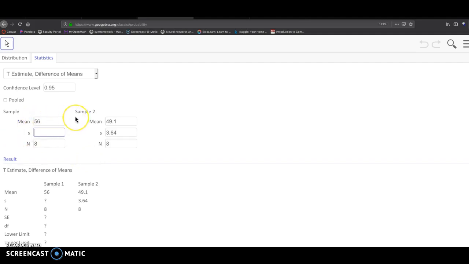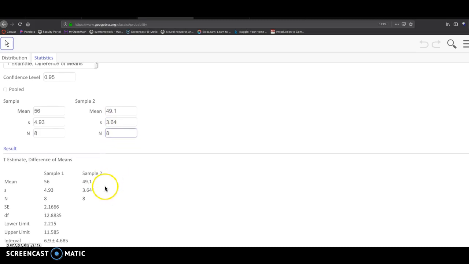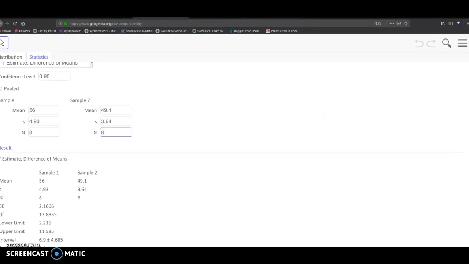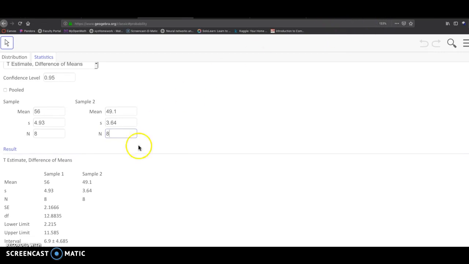Standard deviation, this is the cola group, 4.93. Sample size 8. For sample 2, I have 49.1. Standard deviation 3.64. Sample size 8. And notice, I need to make this a little bit smaller. We get the interval down here, 6.9 plus or minus 4.685. But if we look at the actual interval, lower estimate 2.125, upper 11.585.